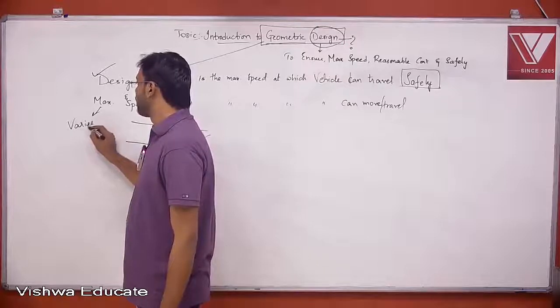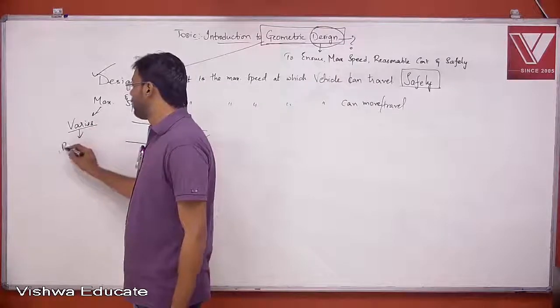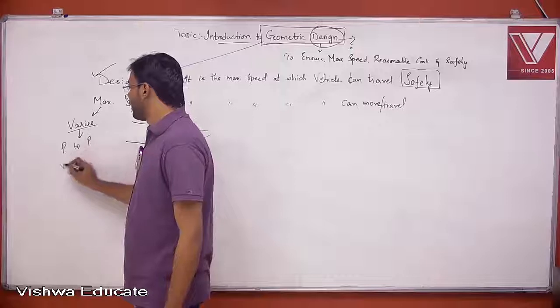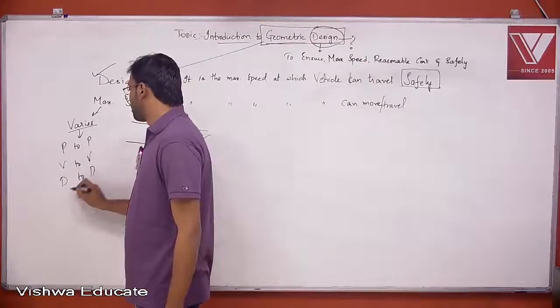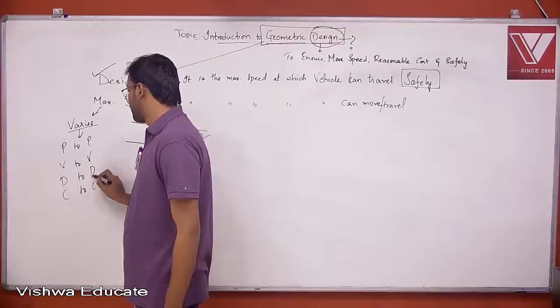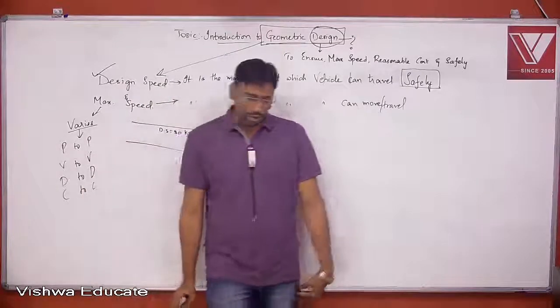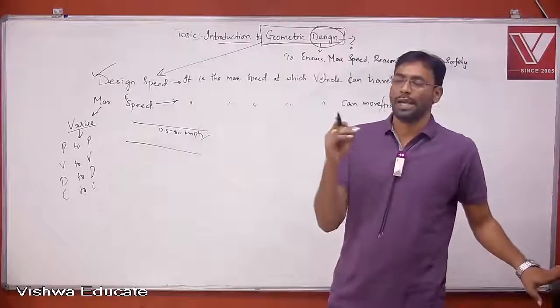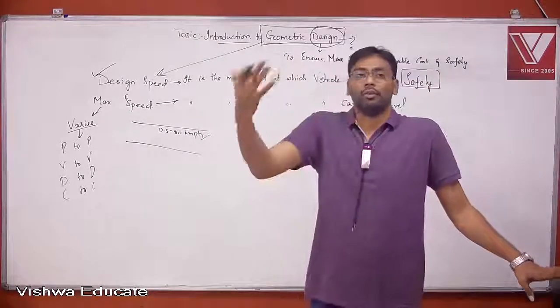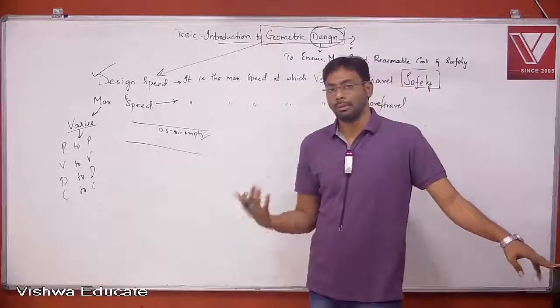Maximum speed varies from person to person, vehicle to vehicle, driver to driver, condition to condition of the driver, right? For a two-wheeler, you will have one maximum speed. If you're traveling with a four-wheeler, your maximum speed will be more.